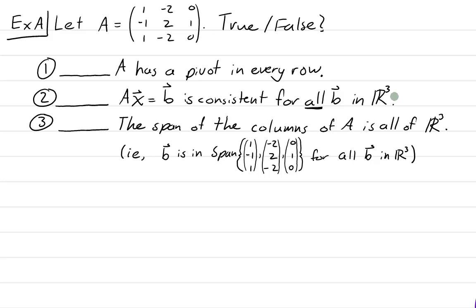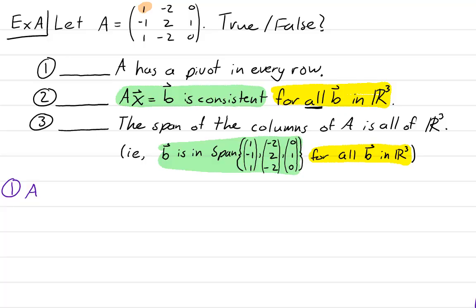In other words, if you take any vector b in R3, then b is in the span of the column vectors of A. And I rewrote the statement this way so you can see that statements 2 and 3 are really just saying the same thing with different notation. Because for any particular vector b, Ax = b is consistent if and only if b is in the span of the columns of A. So we just want to know if that's true for every vector b in R3 or not.